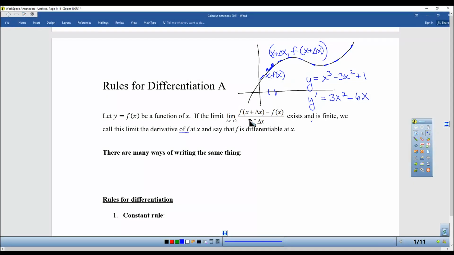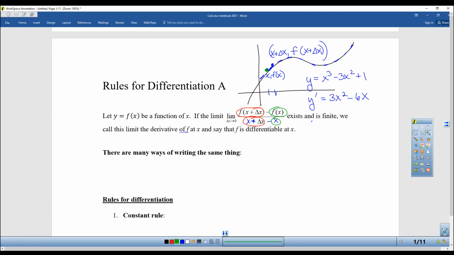So it's really y2 minus y1 over x2 minus x1. And as that delta x, that change of x between them, became 0, you were actually finding the slope at a point. And we call that a derivative.